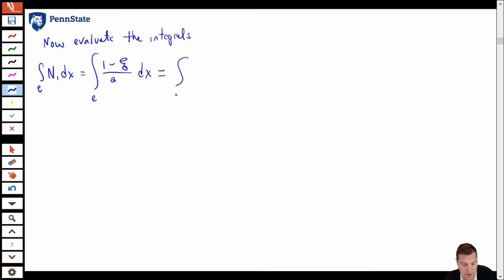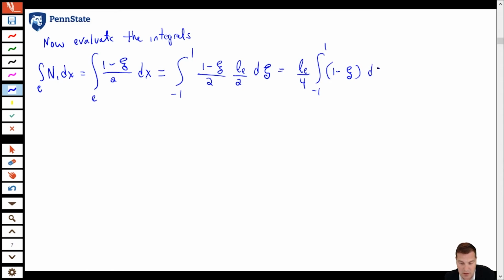That's equal to the integral from -1 to 1 of 1 minus psi over 2, le over 2, then d psi, our substitution. So then we're going to have le over 4, pull that out, and then it's going to be the integral from -1 to 1 of 1 minus psi d psi. If you go ahead and compute this integral, then you're going to be left with le over 2.